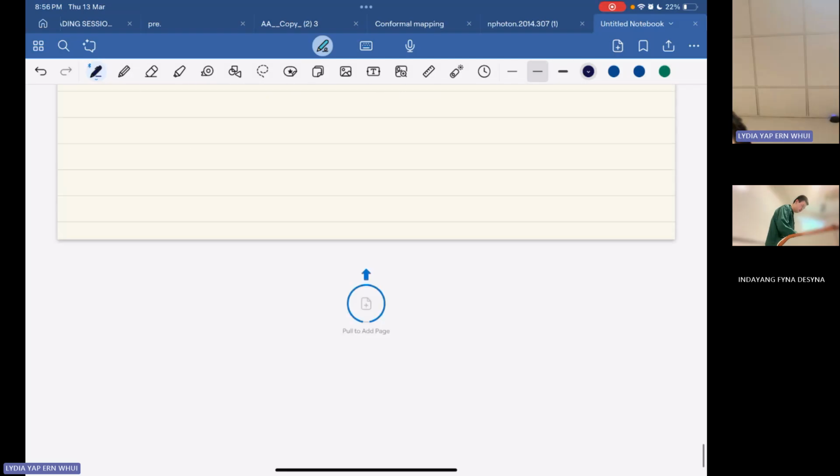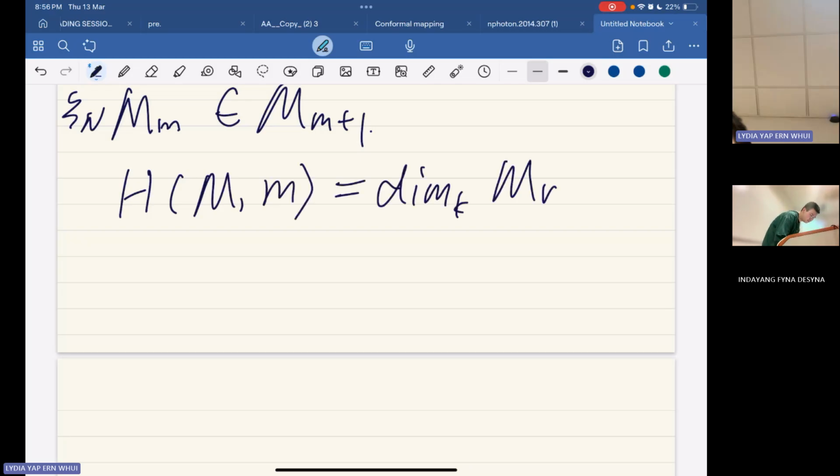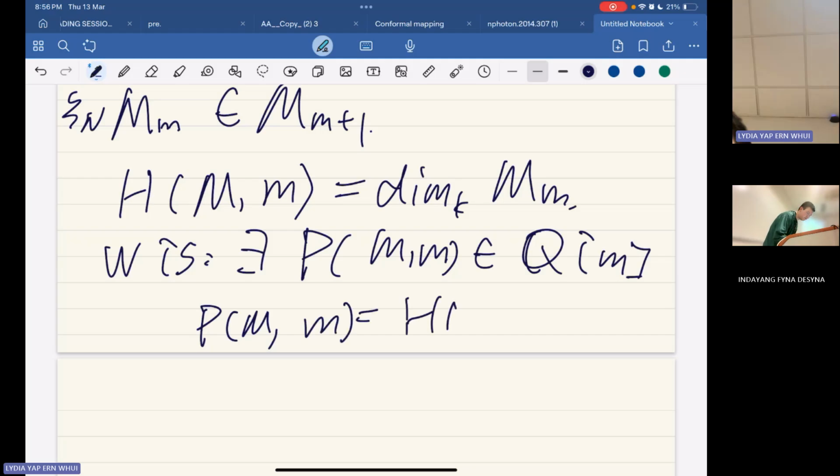And by definition, this Hilbert function H_M(m) will equal the dimension of Mm, right? And we want to show that there is a P_M(m) living in Q[m] such that P_M(m) equals H_M(m) for sufficiently large m.